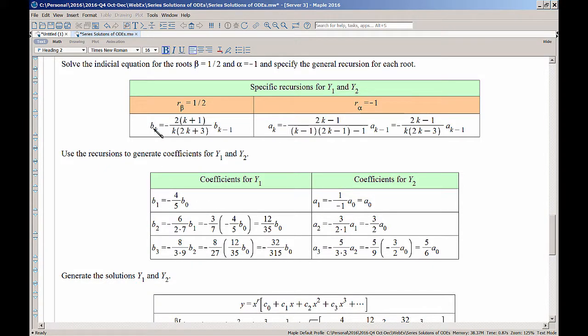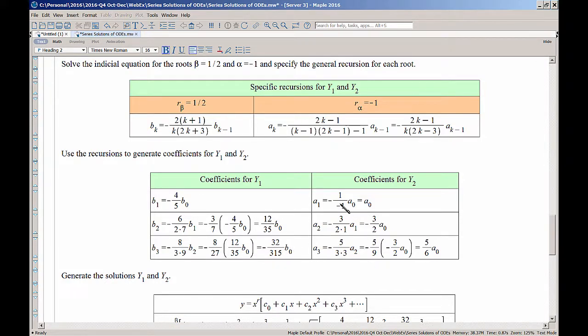This says b1 will be a multiple of b0, and b2 will be a multiple of b1, but b1 was a multiple of b0, so b2 is a multiple of b0. And b3 is a multiple of b2, but b2 is a multiple of b0, and so b3 is a multiple of b0.